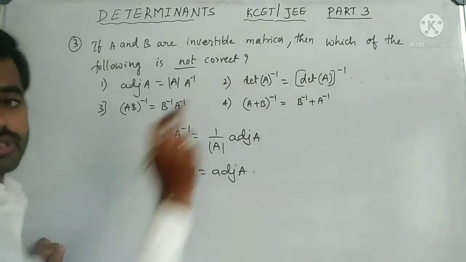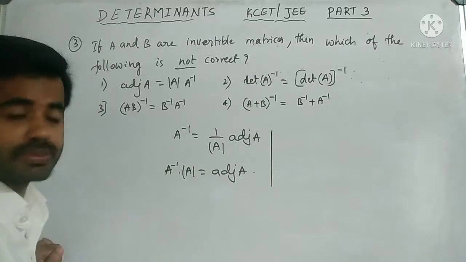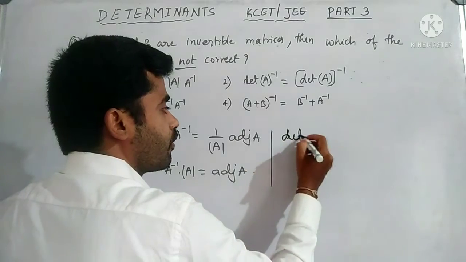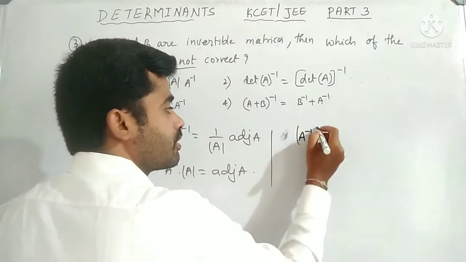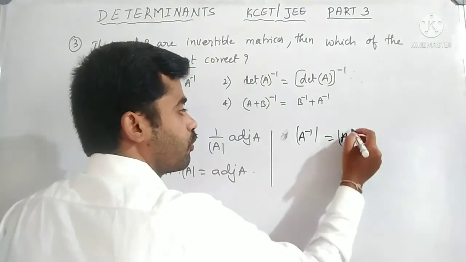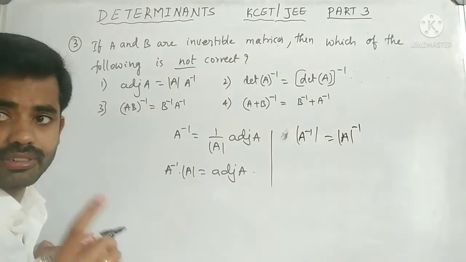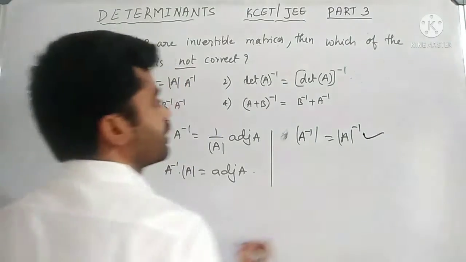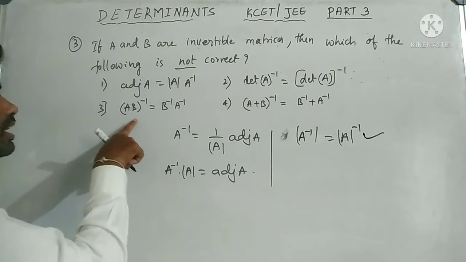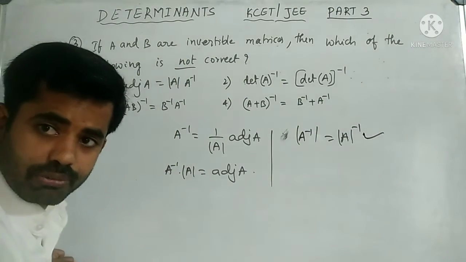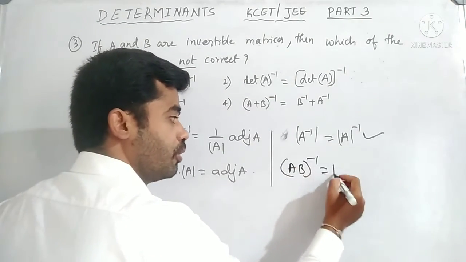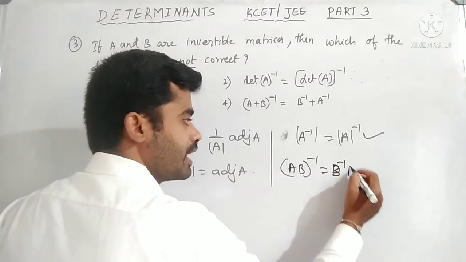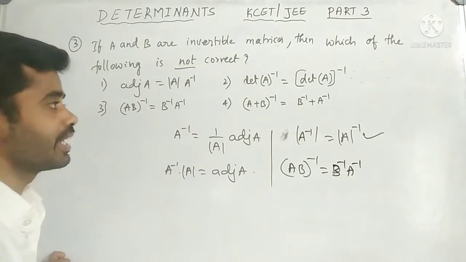Also, I gave the property that the determinant of A inverse is equal to the inverse of the determinant. This is also right. Then when A and B are both invertible, the inverse of AB is equal to B inverse into A inverse. This I also gave.